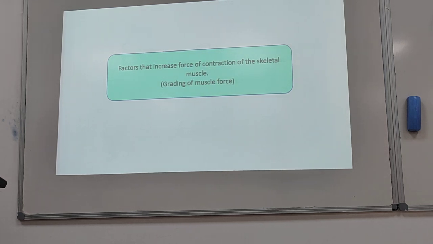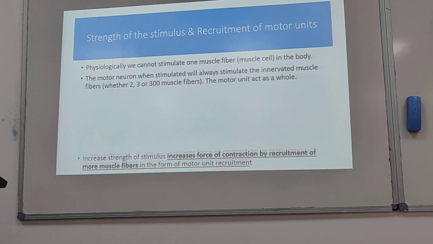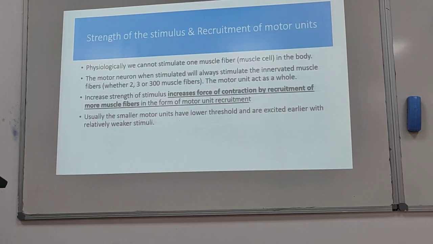That is, we make coordination between multiple muscle fibers. This is motor unit and strength. Increased strength of stimulus increases force of contraction by recruitment of more muscle fibers. Why did I teach you summation, spatial summation and temporal summation? Why did I teach you divergence and convergence? So I am now bringing them back.